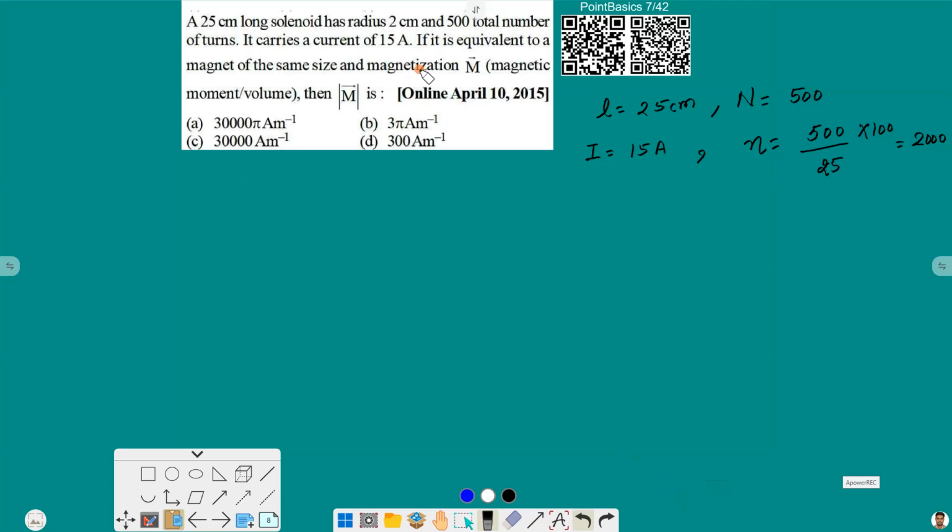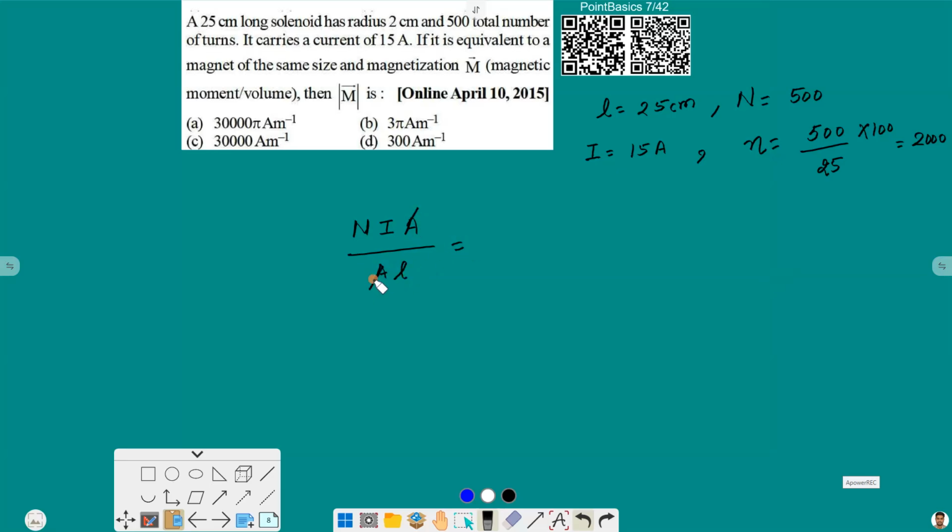And here we have to find out magnetic moment per unit volume. So magnetic moment is M, here it is denoted by magnet. So magnetic moment, we know that is N times I times A, divided by volume. Volume will be area into length.